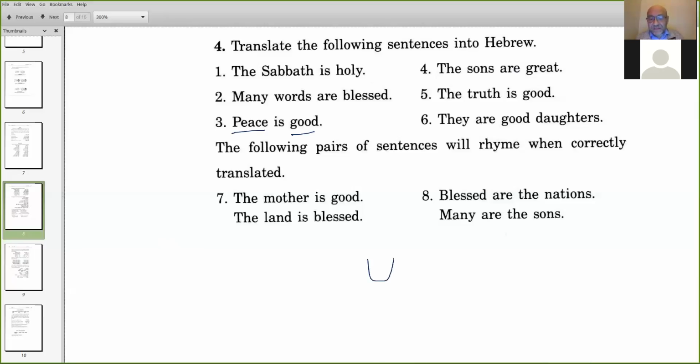Sheen. We put a kametz under there, and a lamed, shalom, and we have a holem and a mem sofit. And now, although we see it in English as peace is good, in Hebrew, it's actually going to be peace, it good, because we have to put our pronoun in there. So for the masculine singular, it's going to be hu. Remember when we were looking at those, it also can mean it.